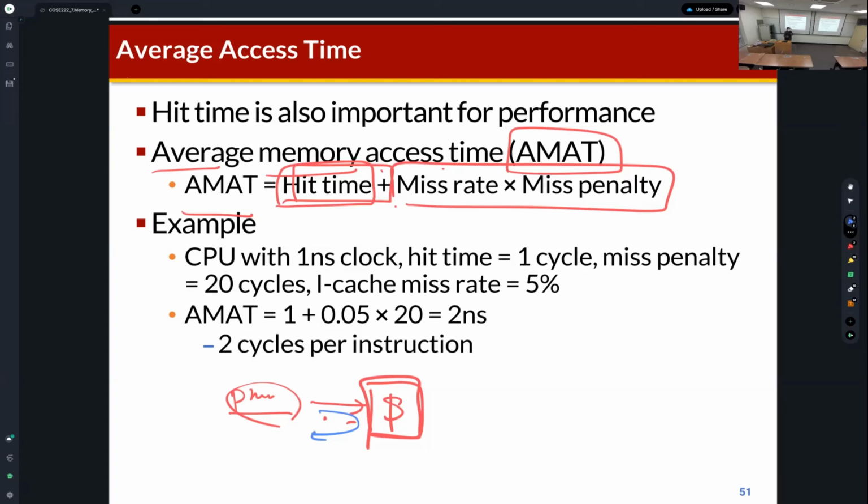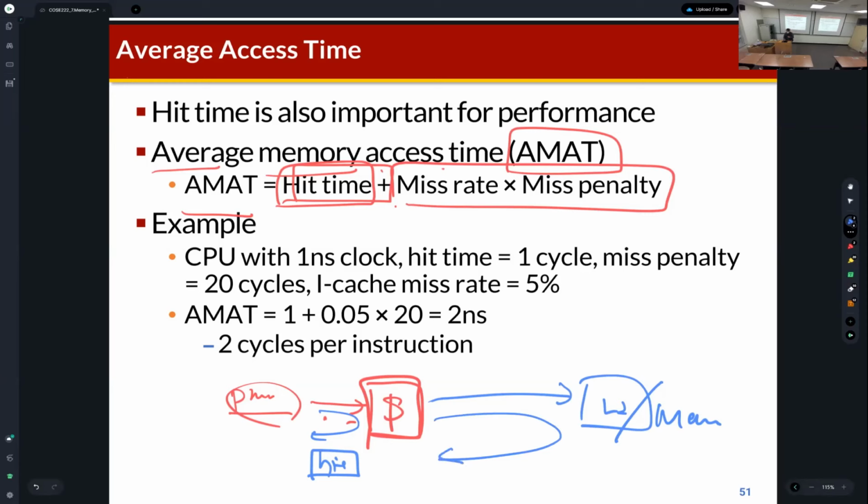This is the base access time, the hit time. But when a cache miss is detected, the request is given to the lower-level cache, like the L2 or memory. This is the additional time for cache miss cases.